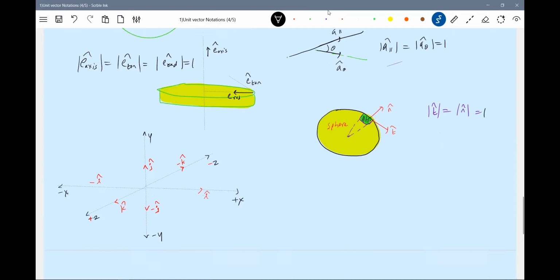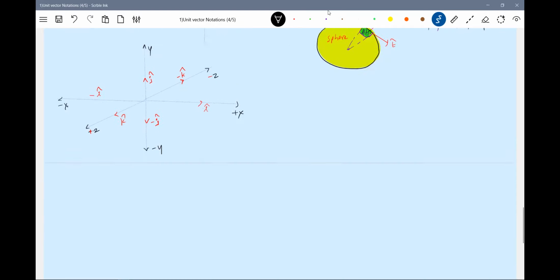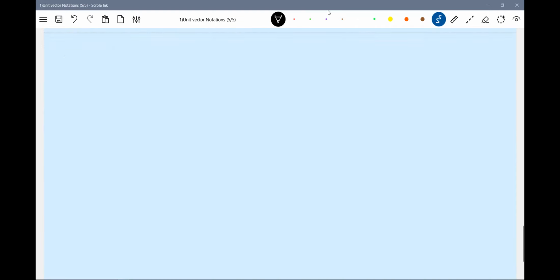Still, if we are not understanding anything, you are saying x, y, z and all that, you can take the example of any vehicle moving. Let's analyze the movement of a vehicle.